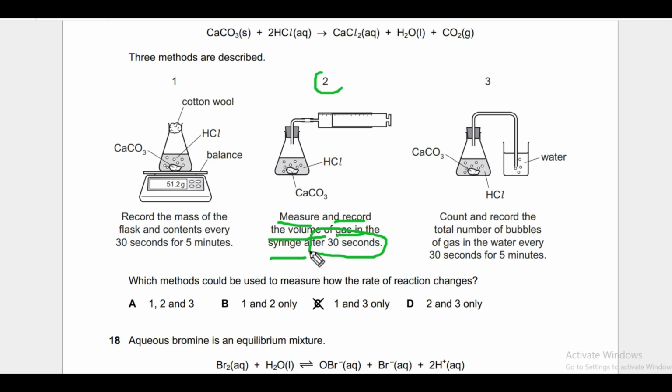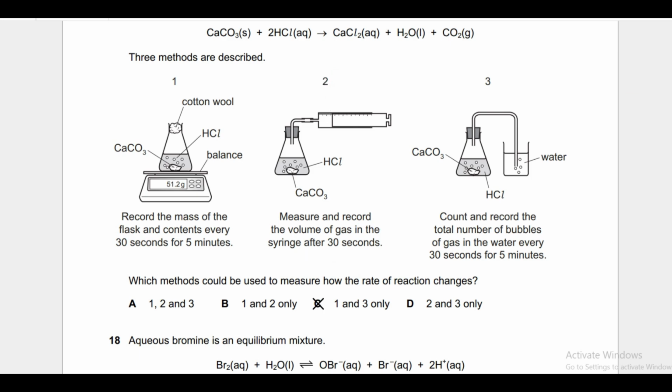That means after 30 seconds only one reading. So whether it will increase or decrease, or the reaction has stopped or not, you cannot know by taking only one reading. So this is not suitable. By taking only one value, one volume, you cannot study the rate of reaction.